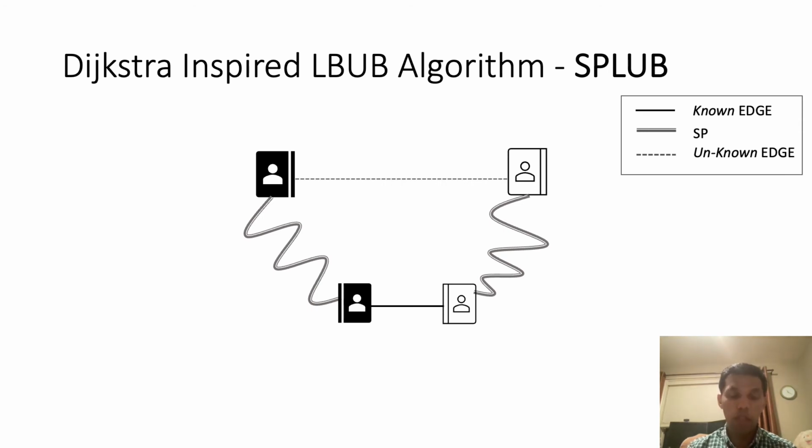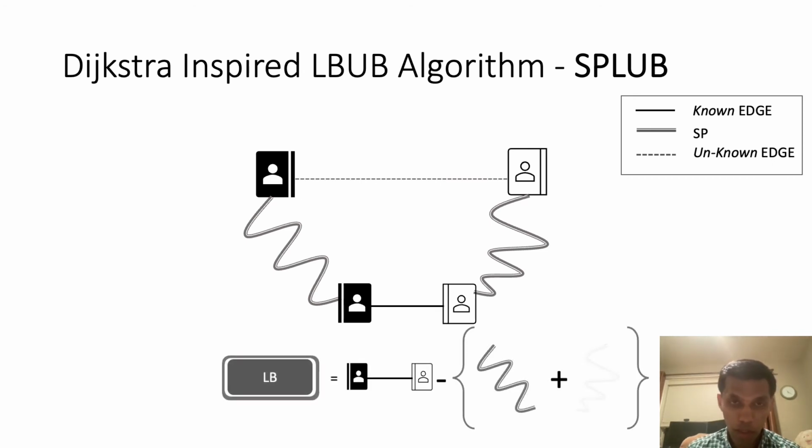Now we take a much simpler approach towards finding the solution. Since you do not know the distance between these two contact cards, what you do is take every known edge in the graph, compute the shortest path from both ends of the known edge to the endpoints of the unknown edge, and then calculate the lower bound as follows: the edge minus the path lengths from both endpoints.